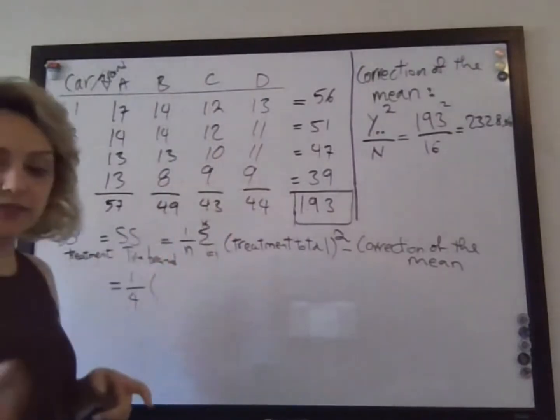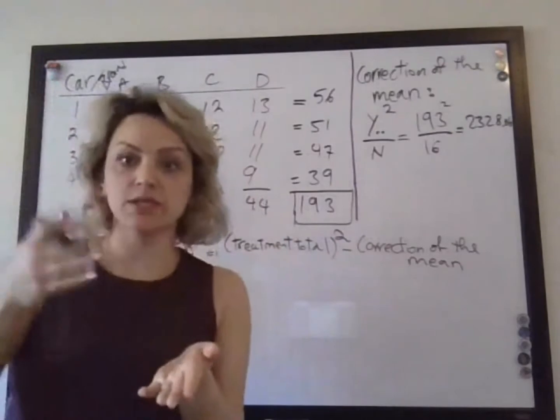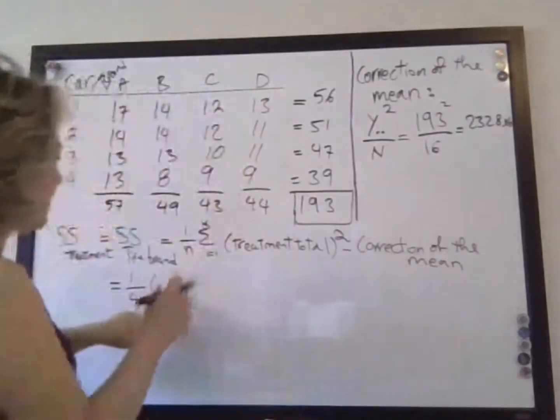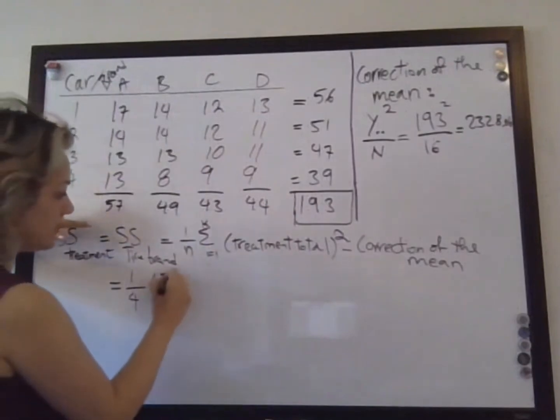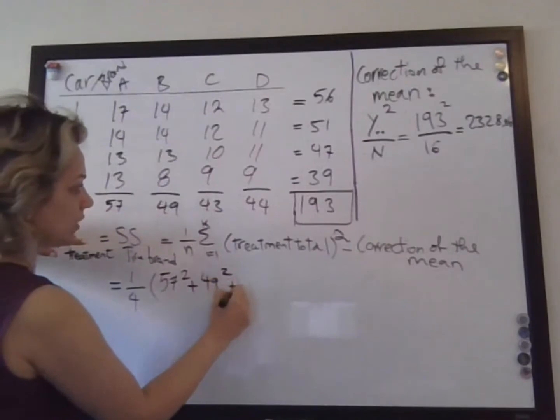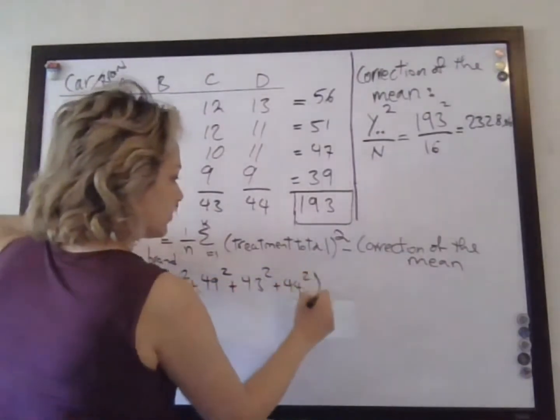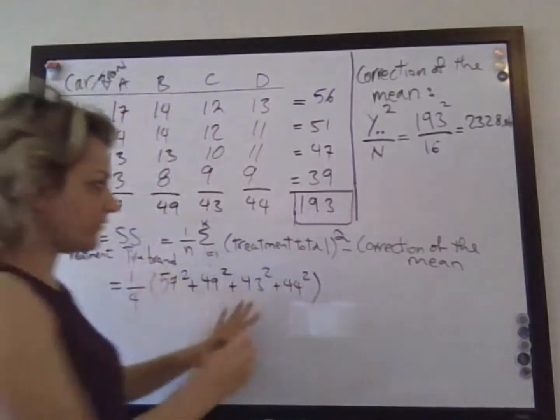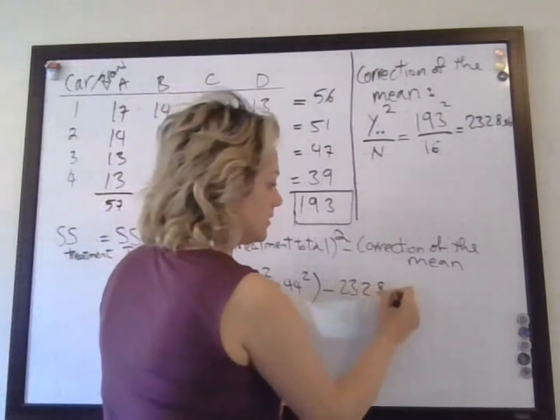The first treatment is the treatment total, like at each level, what's going to be your treatment total? So for example here A, the treatment total is 57 squared plus 49 squared, 43 squared, 44 squared, right? And then after we find this, minus the correction of the mean, 2328.06.